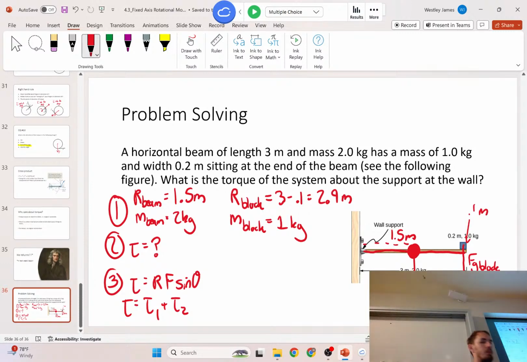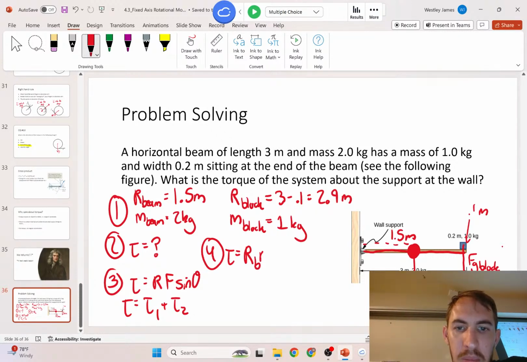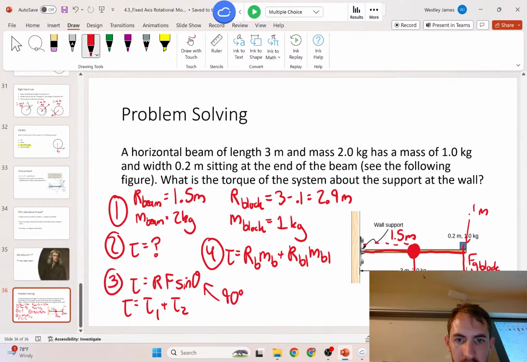Yeah, and at this point, fairly straightforward. So torque is going to be R beam times mass beam plus R block multiplied by mass block. In this problem, the angle is 90 degrees, so you get the max torque.